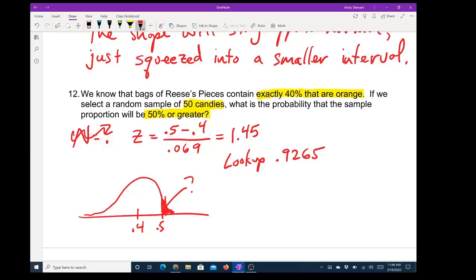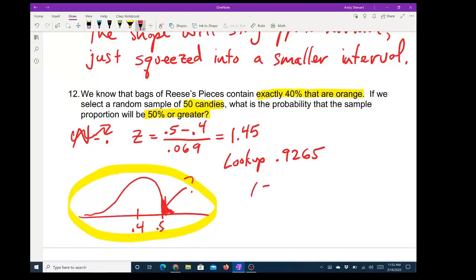Is that really what we wanted? Did we want 0.9265? No, we didn't, because the z-chart shows you the left side, but we want the right side. That's why, when we're teaching AP, we say it is very important to keep straight what you're doing.